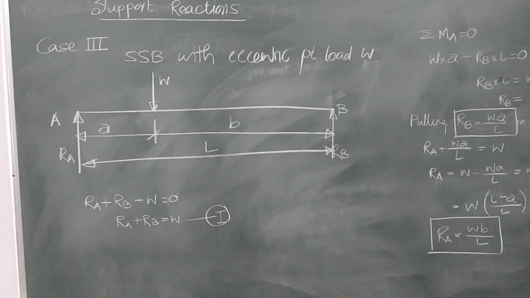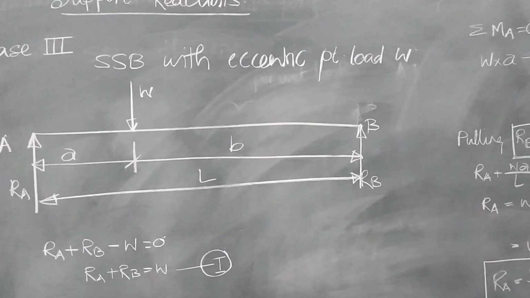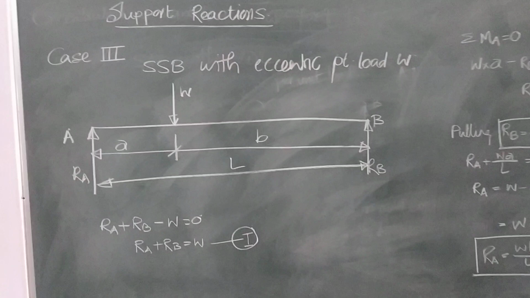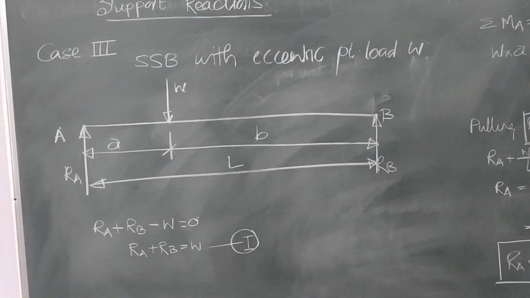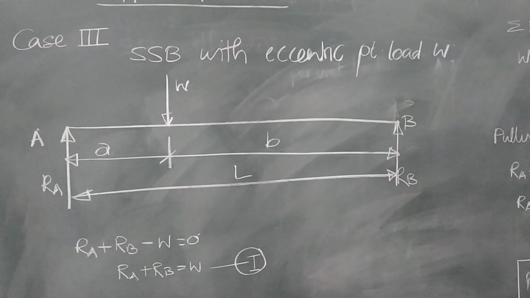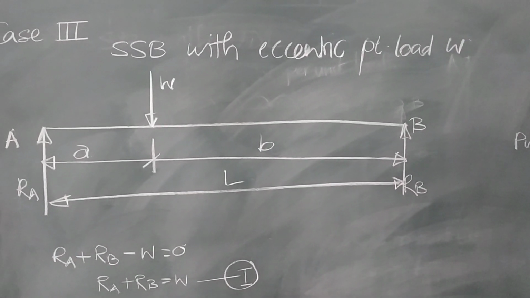In the next lecture, instead of simply supported beams, we will study different cases for a cantilever beam with point load as well as a cantilever beam with UDL, that is uniformly distributed load.